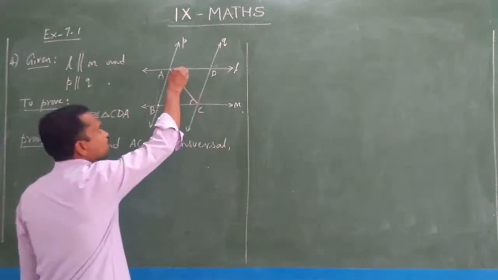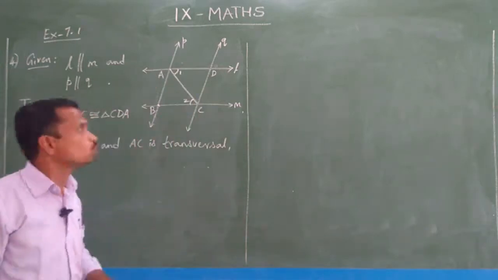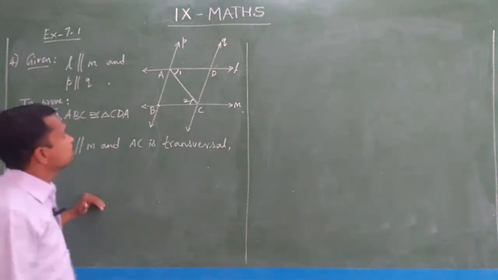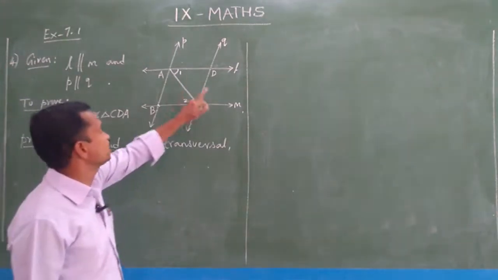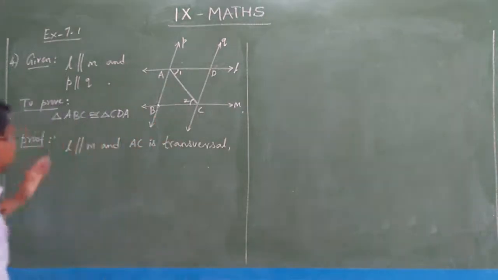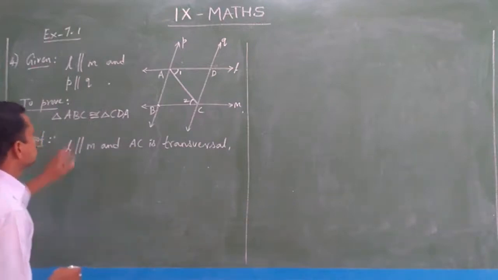You see angle 1. For our understanding, we can put names like 1 and 2 and all. But while writing the proof, we have to write the names with the proper direction, not 1, 2 and all. So L and M are parallel, AC is transversal. Then we have that for the first triangle.